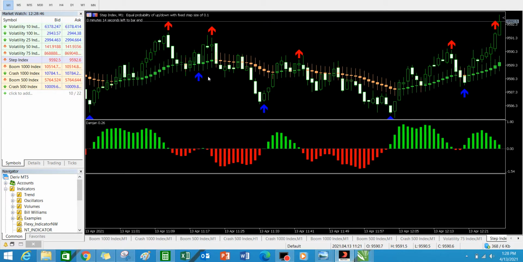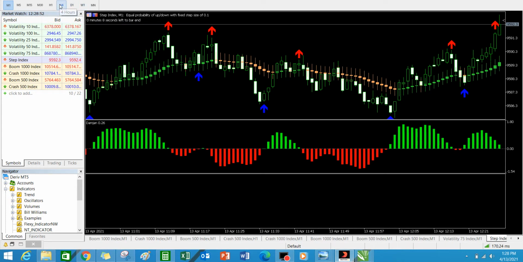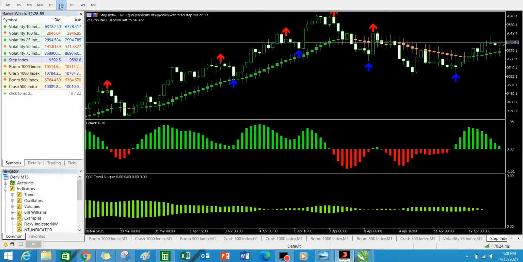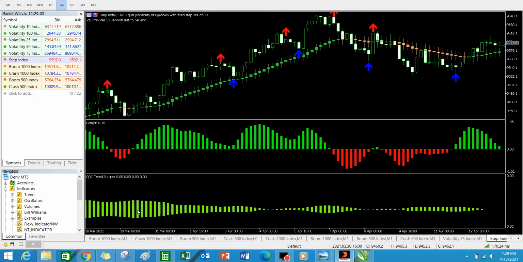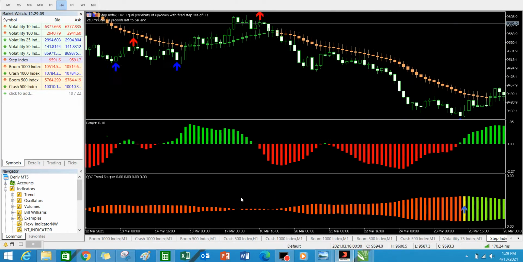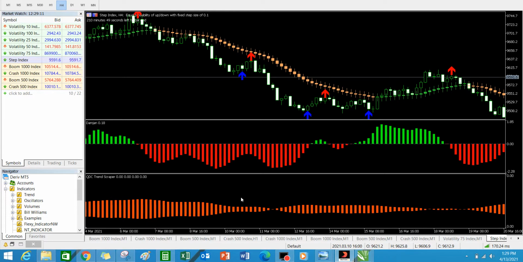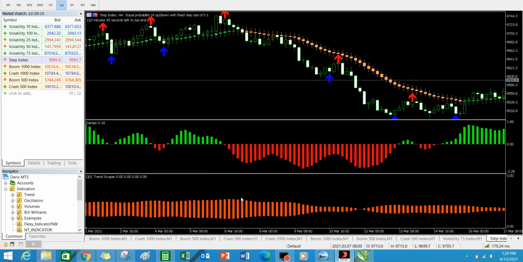Probably that is why it was not showing, or they didn't allow it to show. But let me give you a tip. If you take it to 4-hour time frame, 4-hour time frame will show the QDC trend scraper, which is the last indicator settings here. So 4-hour time frame will always show it, so you can use that to do your analysis, and that is what led to us trading for a very long time on higher time frame.